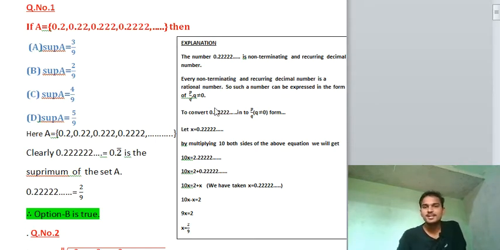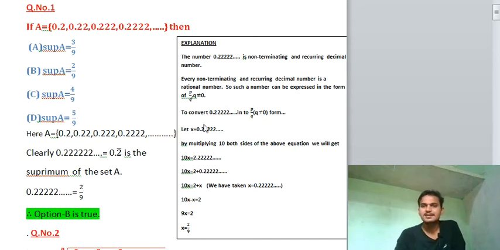Because 0.222222 dot dot dot is a non-terminating and recurring decimal number, we can express it in the form of p by q where q is not equal to 0. We can convert this into a fraction.